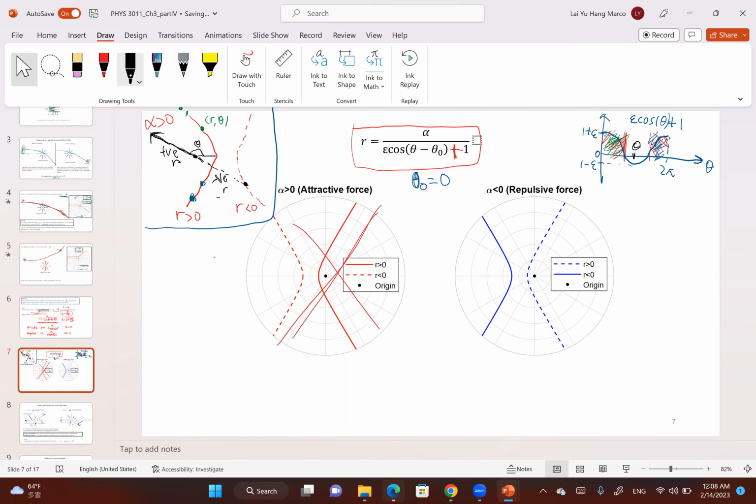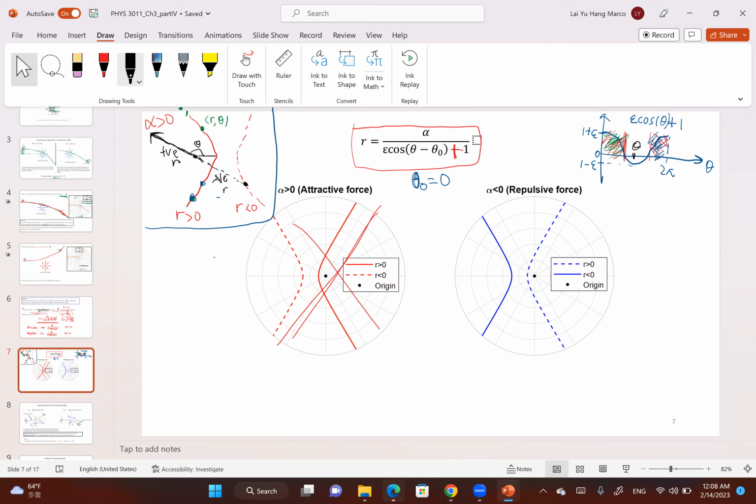So now if I look at the other case, the repulsive case. What happened is that now if I want positive value of r, this time I do want the denominator to be negative in order to get positive value of r, right?